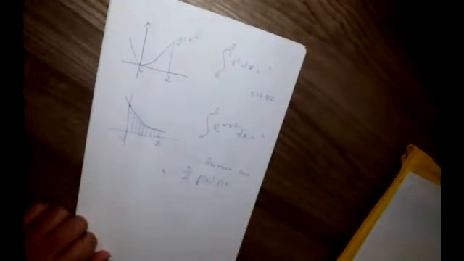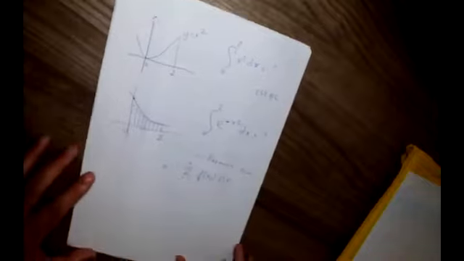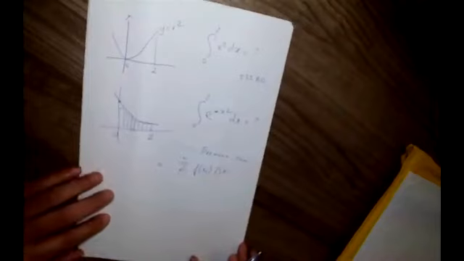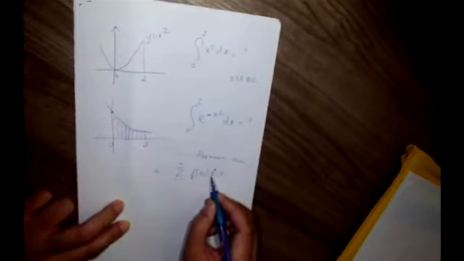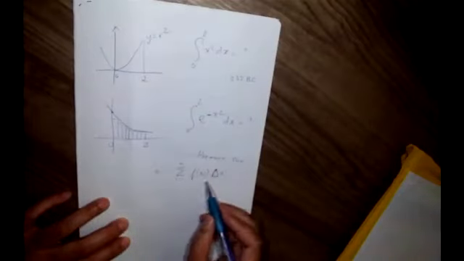But now we look a bit more closely. By the way, this gives rise to the definition of quadrature rules. This is delta xi, which is just the width of the rectangle.